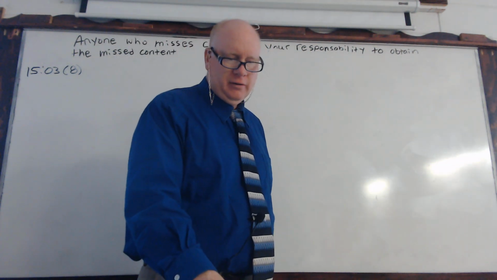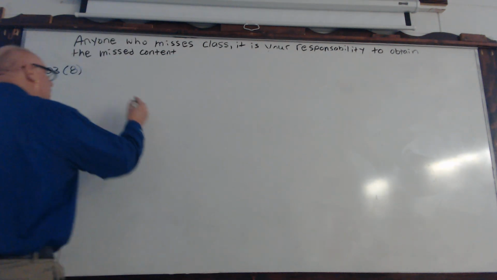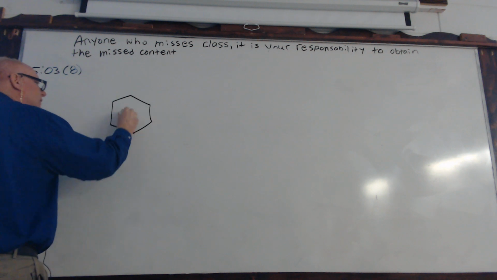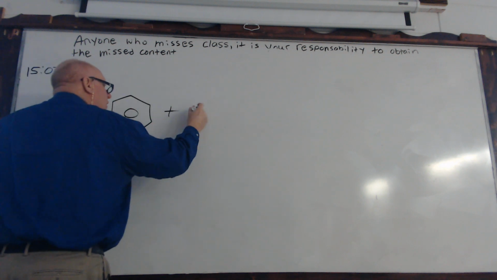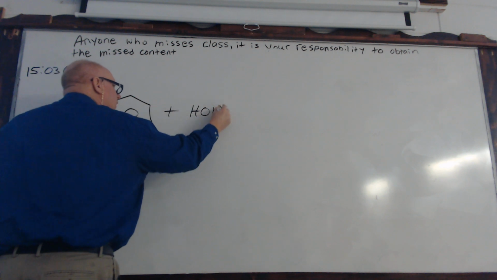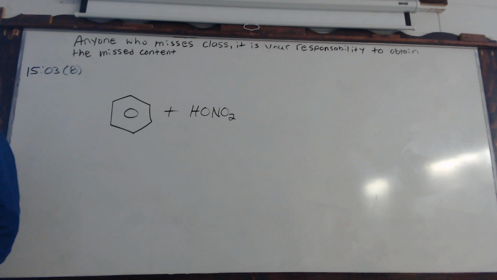So the nitration, okay? So one of the things we know, we've got this benzene ring, and we want to do a process of nitration on there, okay? So we know that we're probably going to add some nitric acid, and it's just more commonly written like that. Again, you probably have never seen that before until now, because I think if I would look at that the first time, that doesn't make any sense.